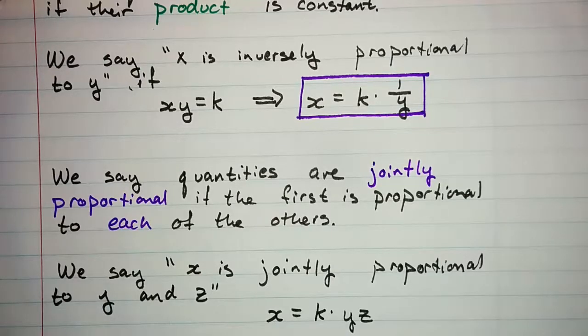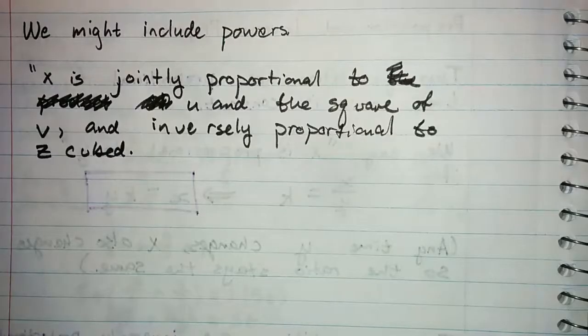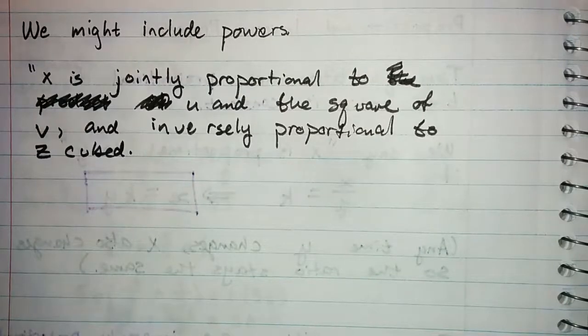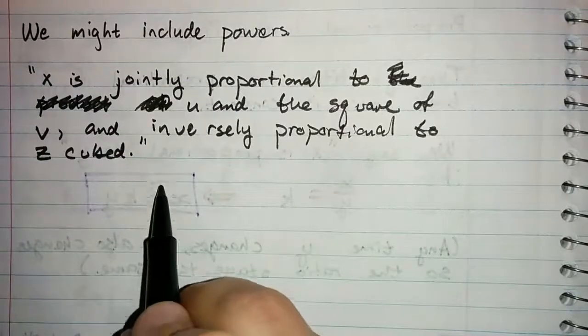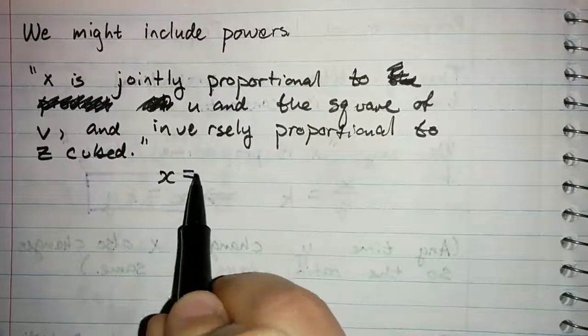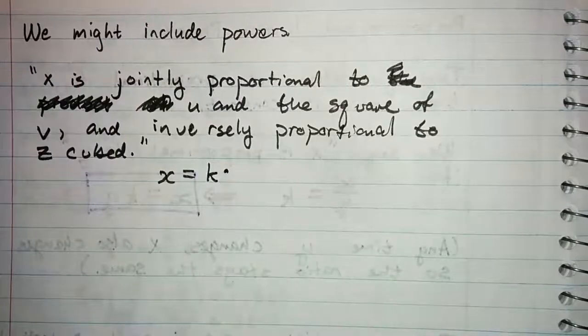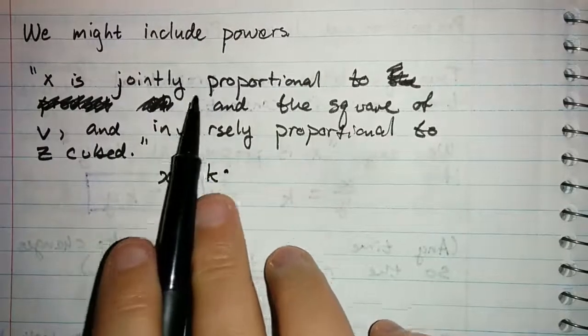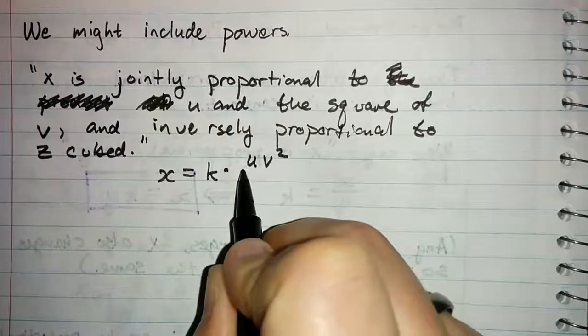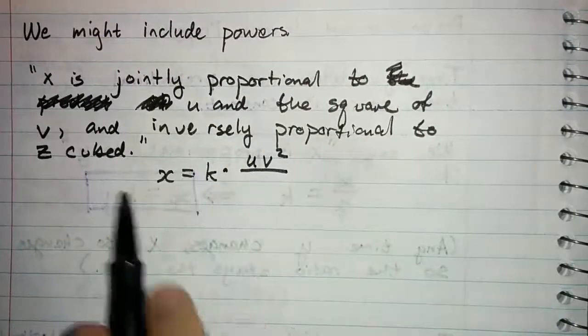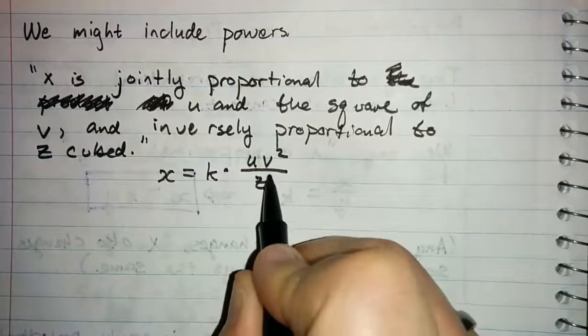The last thing that we might include in the language of proportion is powers. X is jointly proportional to u and the square of v, and inversely proportional to z cubed. That means x is equal to some constant times u and the square of v jointly, and inversely to z cubed.